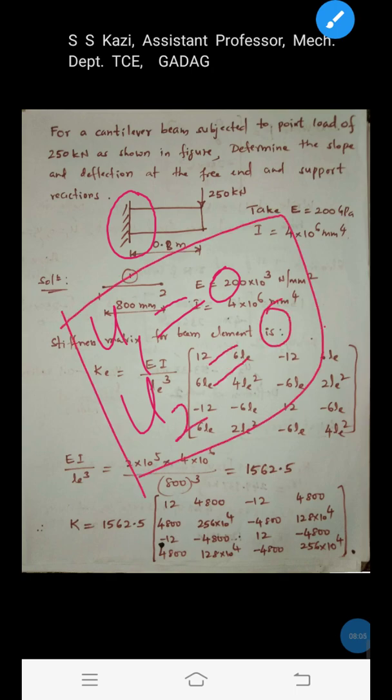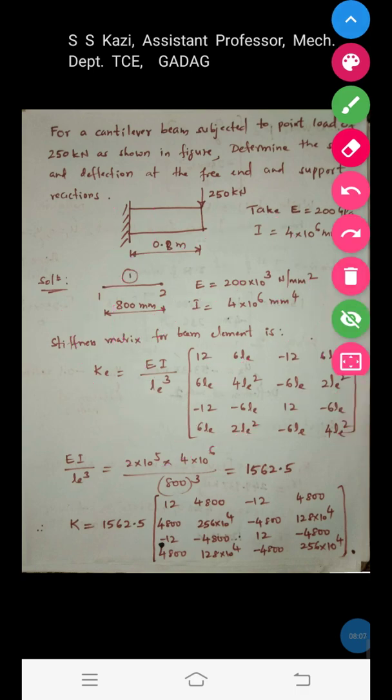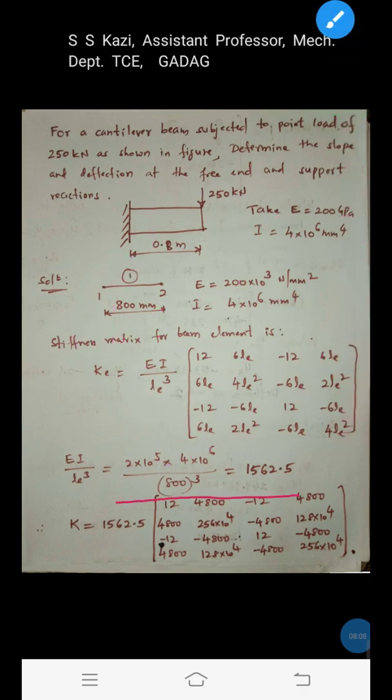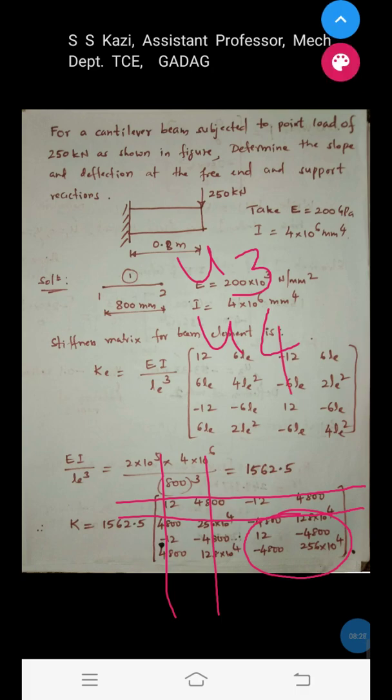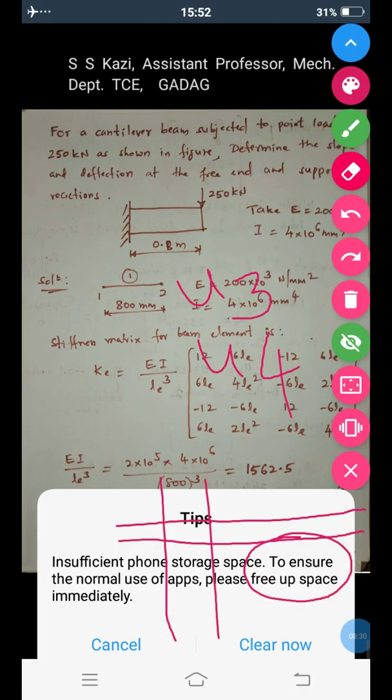If U1 and U2 are 0, then eliminate the first row and second row, and the first column and second column. If you eliminate, we will get only the remaining 4 terms, 2 equations which are left to calculate U3 and U4. In the next page I have shown these things.